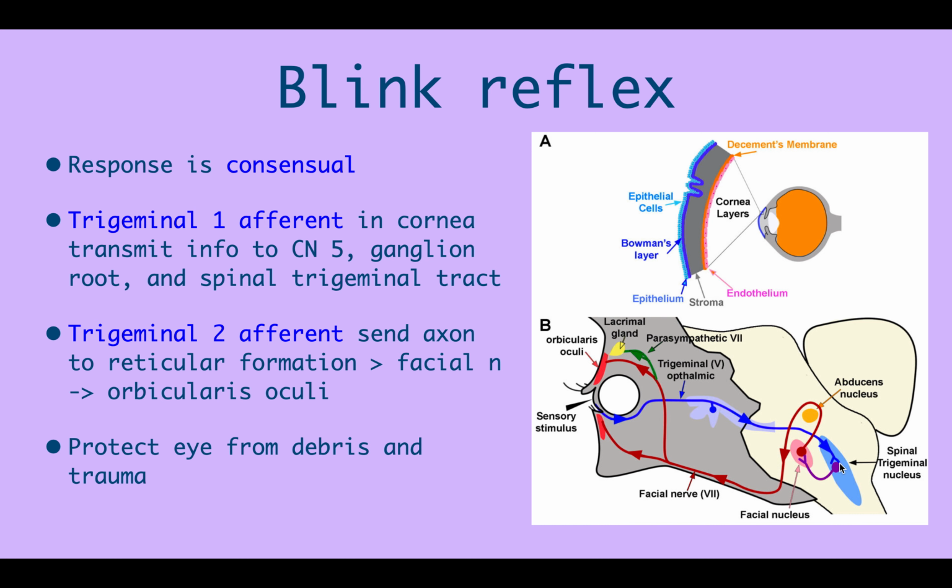From there, the information is processed and then sent to the facial nucleus, which goes to the abducens nucleus, then to the facial nerve, and then all the way back to the eyes, and either causes the eye to blink because it innervates the orbicularis oculi, or in some cases it makes the lacrimal gland get activated. So all of this is to protect the eye from debris and trauma.